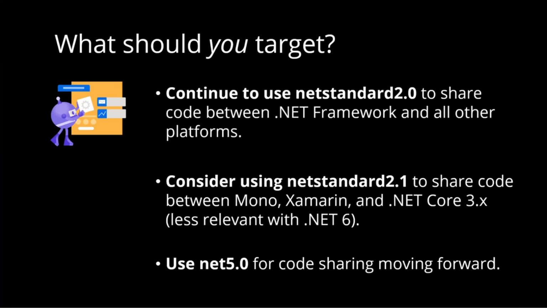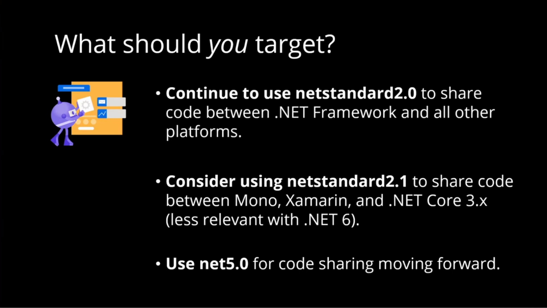You already have your business logic in a format that doesn't need to be rewritten, doesn't need to be rebuilt, and you can literally just reference it from your next user interface application, whether it's WinForms, WPF, we'll talk about .NET MAUI, Blazor, ASP.NET, you'll be able to reuse that code. Consider using .NET Standard 2.1 to share code between Mono, Xamarin, and .NET Core 3.x.